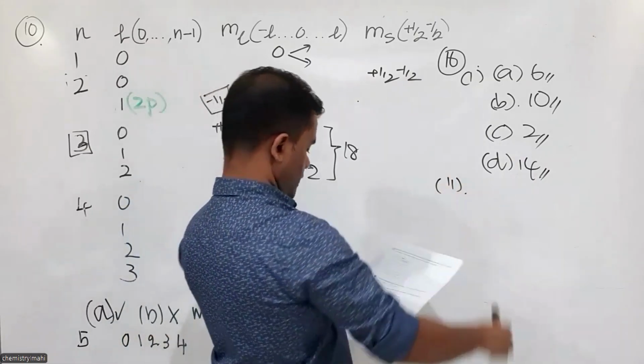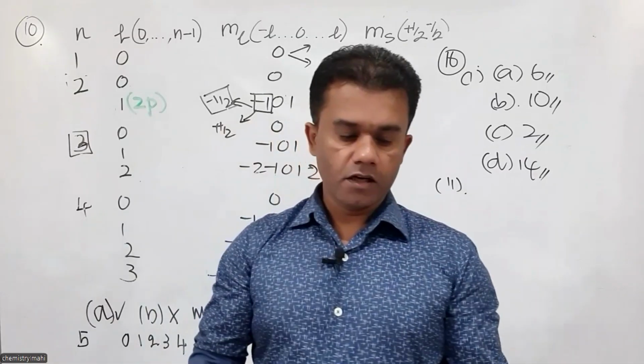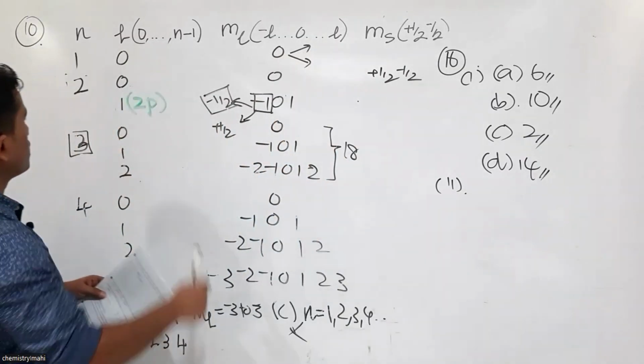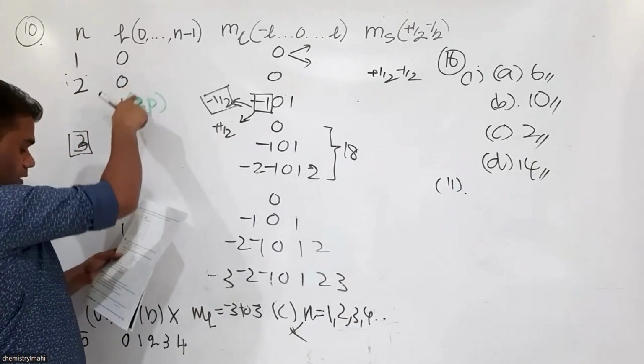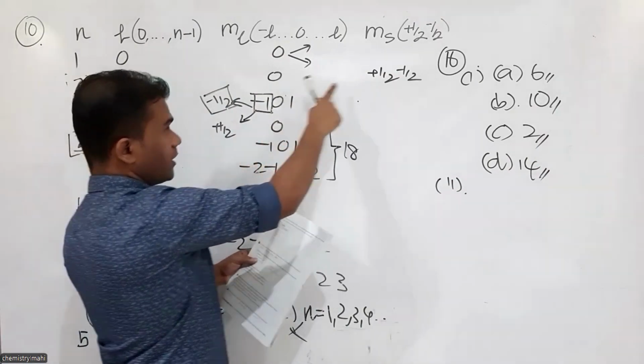16, second part. They ask, what is the maximum number of electrons in an atom that can have the following quantum numbers? A, n equals 2, ms equals minus half. No condition for l, anything possible. No condition for ml, anything possible, but ms only minus half.